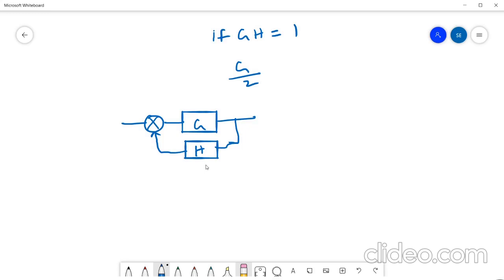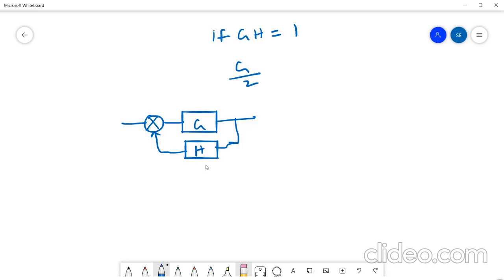If I write the block reduction system equation for this, C of S by R of S is equal to G by 1 plus GH minus GF. Sorry, plus GF, right? So the effect due to H can be compensated if I give another gain here, GF.